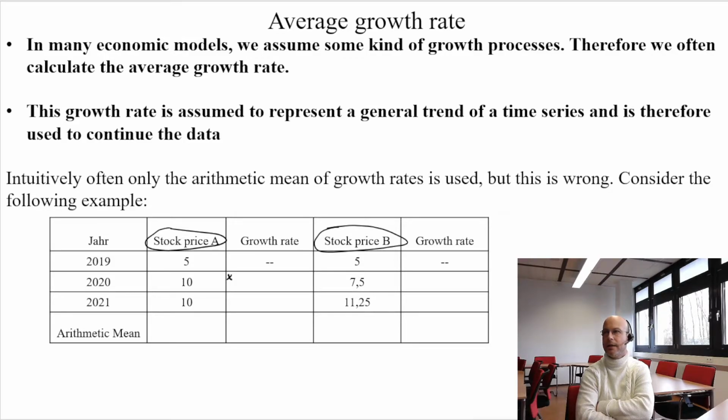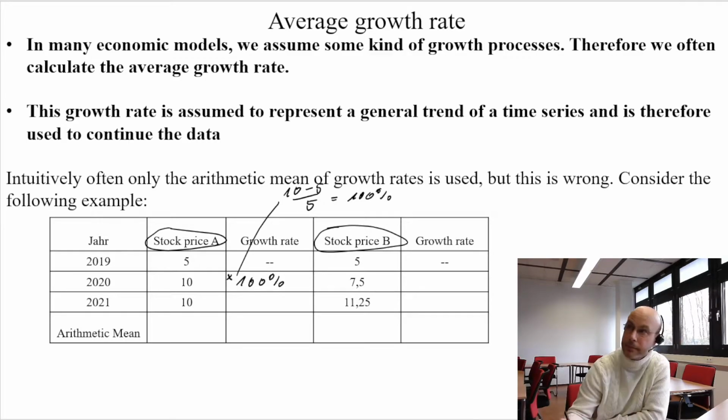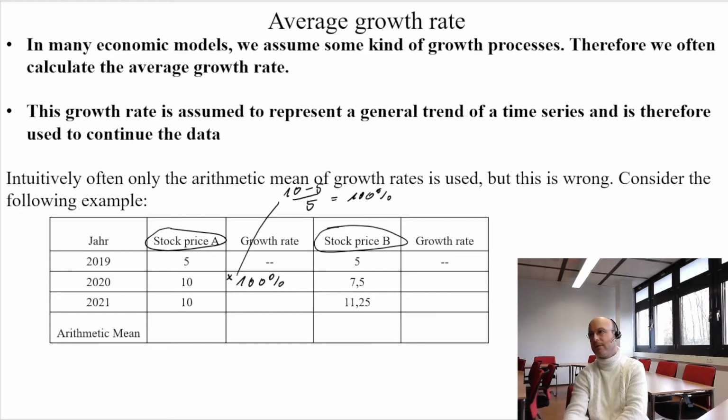So everybody is maybe drinking a cup of coffee, and then this one would be nothing else than 10 minus 5 over 5, which is of course 100%. And the next one, 10 to 10, is of course nothing, so 0%.